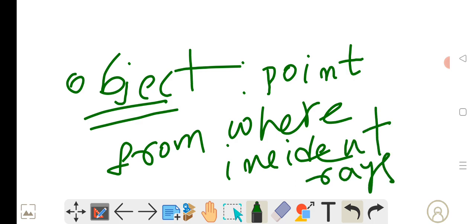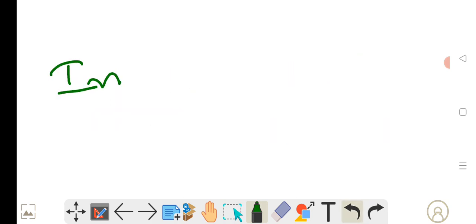So the point of intersection of incident rays is called the object. Next, image. Image means the point of intersection of reflected rays or extended reflected rays. The same will be for refracted rays and extended refracted rays also.